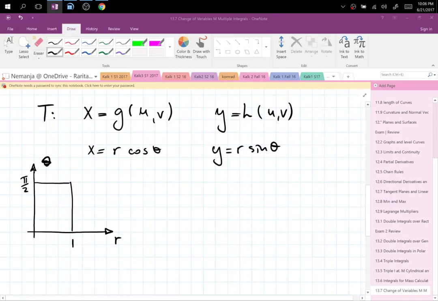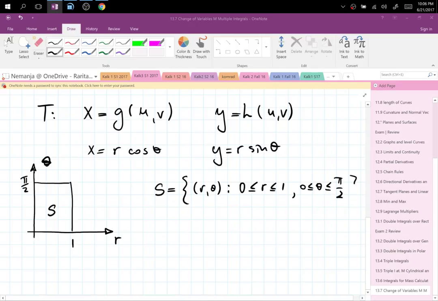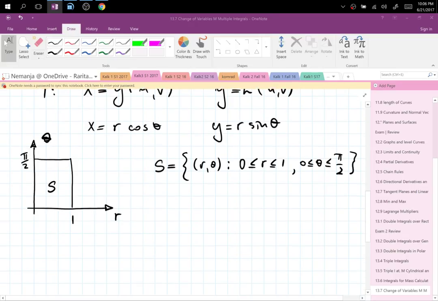So that's the region S, and the region S of r and theta is given as r between 0 and 1, and theta between 0 and pi over 2. So we see that's that rectangle.